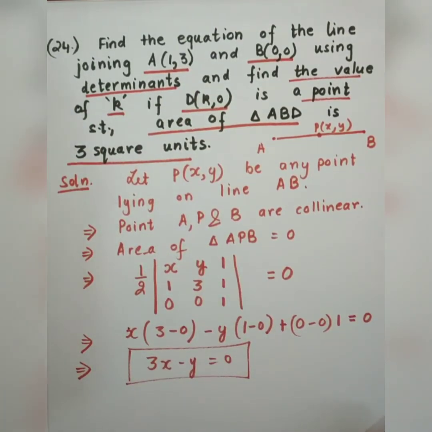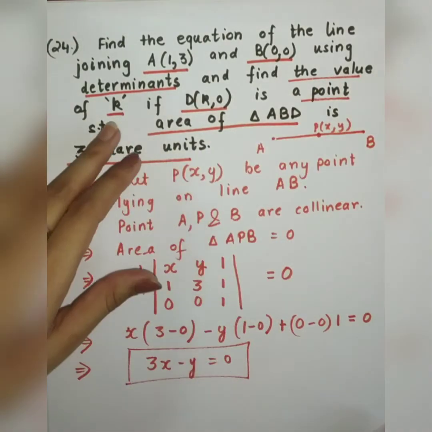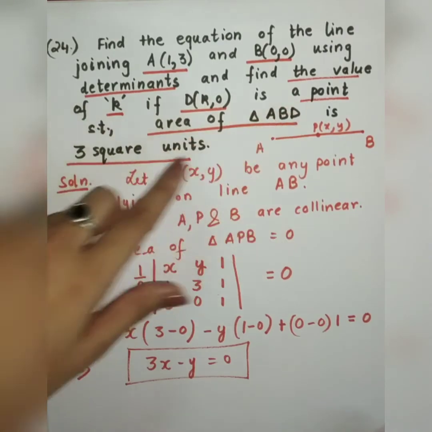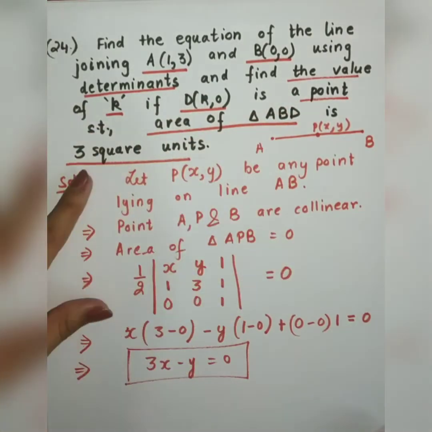The next part is that we have to find the value of this constant k if D (k, 0) is a point such that the area of triangle ABD is 3 square units. Clear?